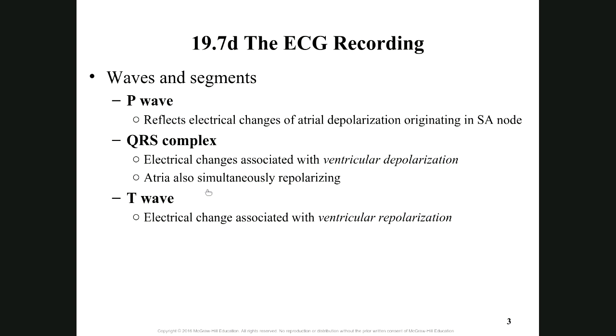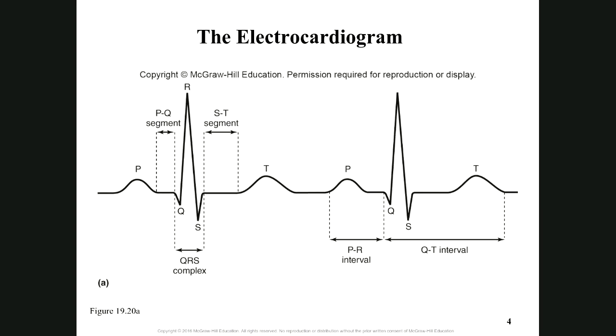And the last one is the T wave, all the electrical changes associated with ventricular repolarization. Again, in this picture, you can see P, QRS complex and T, and after that we have the other heartbeat, which is P, QRS and T.